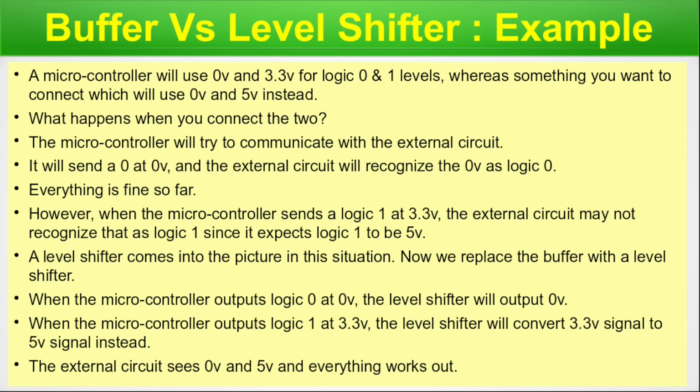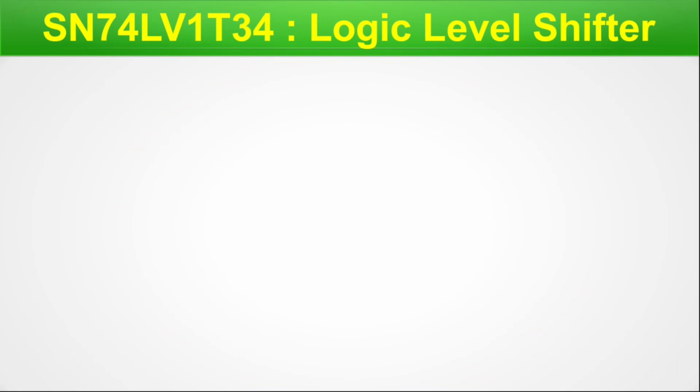Thus, the external circuit sees the 0 volt and the 5 volt and everything works out. So, the limitation of a buffer is well explained here, and from that point of limitation, the functioning of the level shifter to rescue the operation is also demonstrated. This is a fundamental difference. We are done with this particular slide, so let's move on to the next slide.